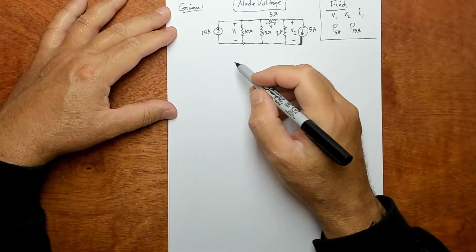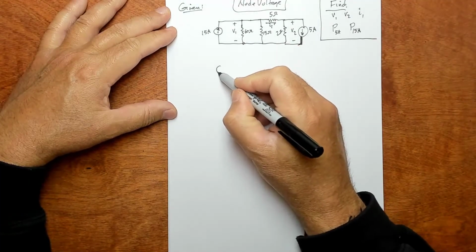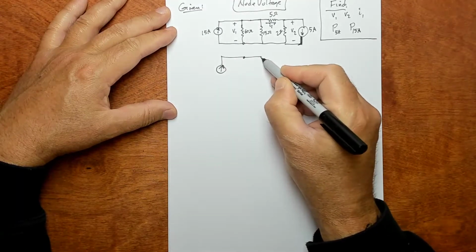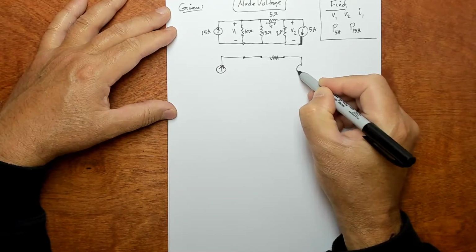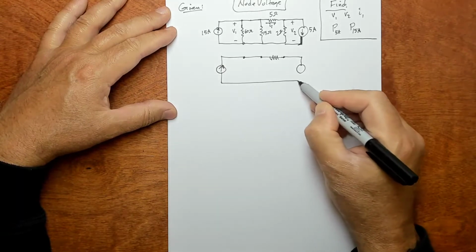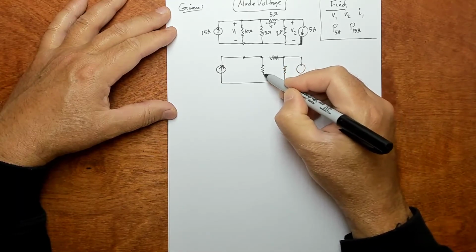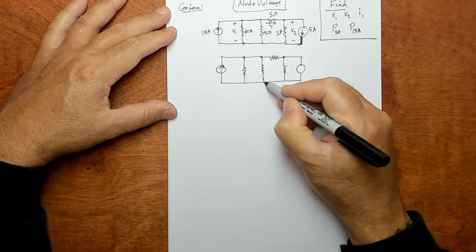Okay, so let's see. We're going to use node voltage methods. So let's go ahead and take the time to redraw this circuit using node voltage notation. It only takes a minute here to redraw this guy, and there's some good clarity that comes out of that.